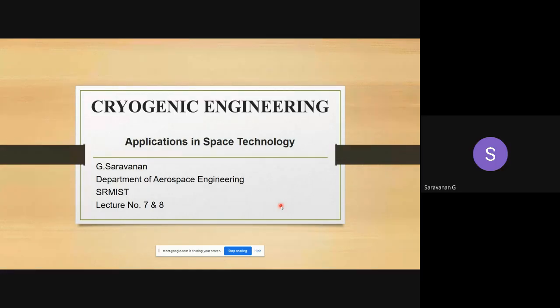Other than that, we discussed how to handle cryogenics, storing as well as transportation of these cryogenics. Safety related to that topic, everything was discussed in the last classes.